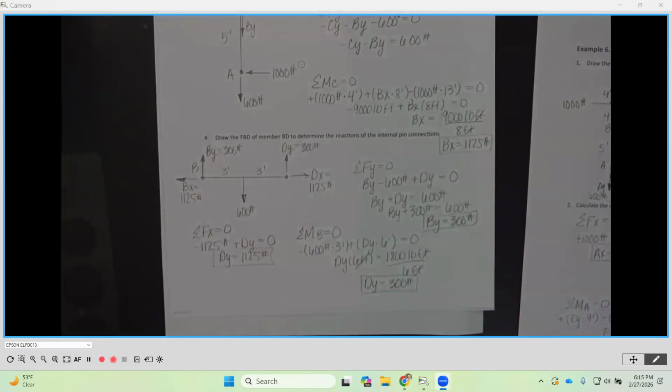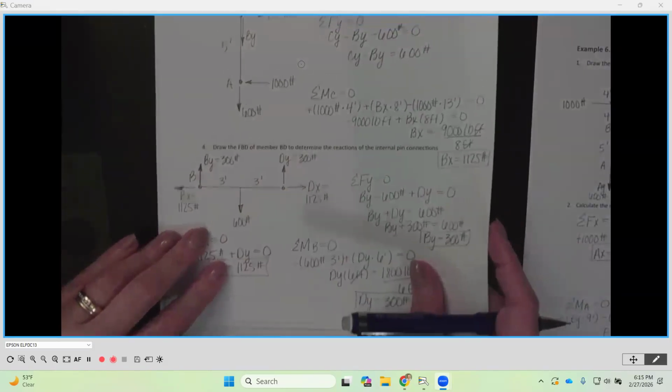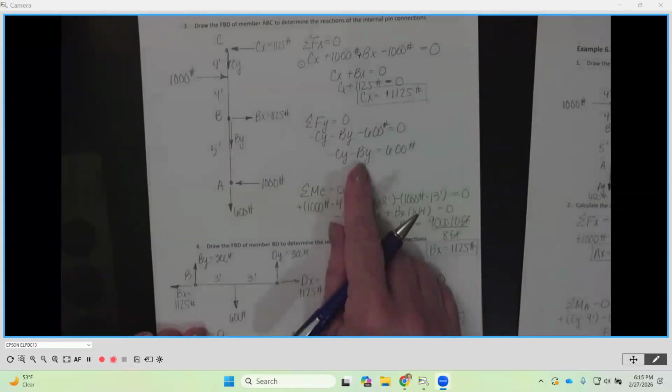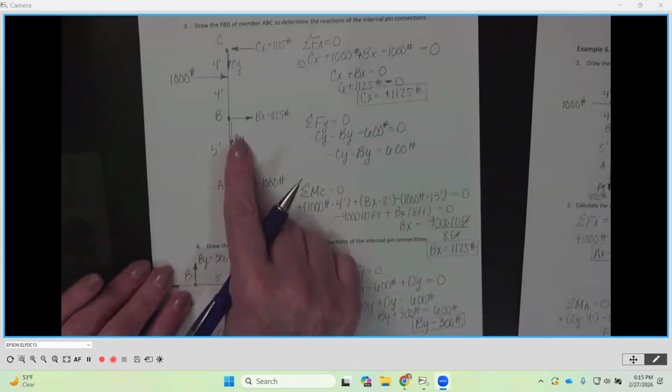Now, if you recall, up here we needed a BY. Since we determined the correct direction on this member was BY going up with a magnitude of 300, when we go back up here, we have to make sure that it's in the opposite direction. And indeed it is, it is going down here.